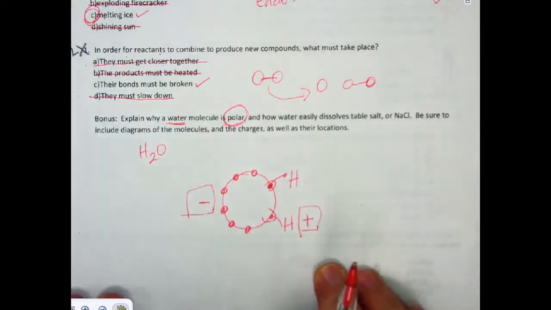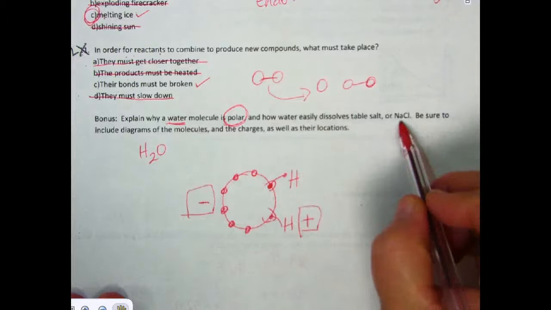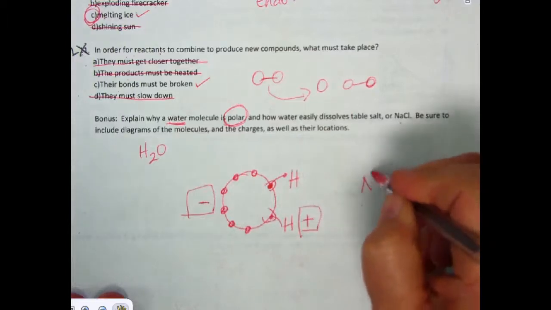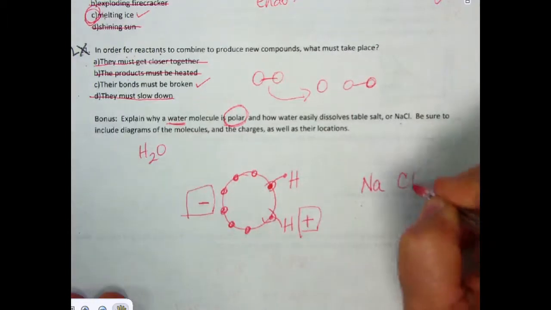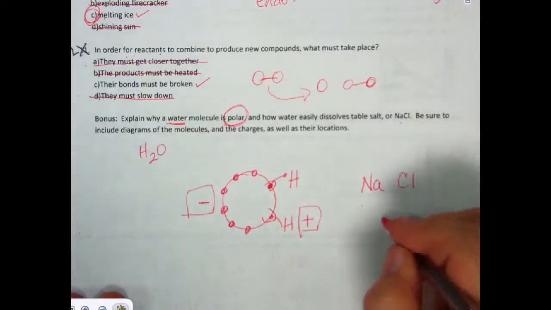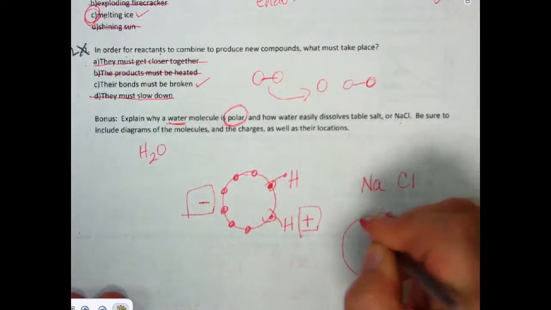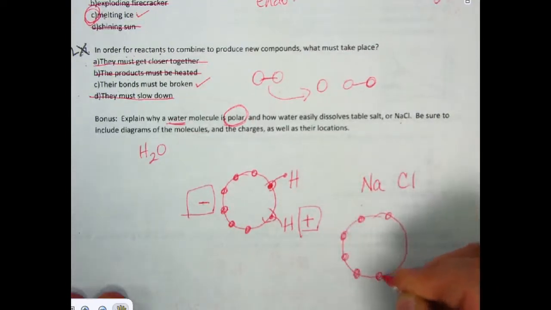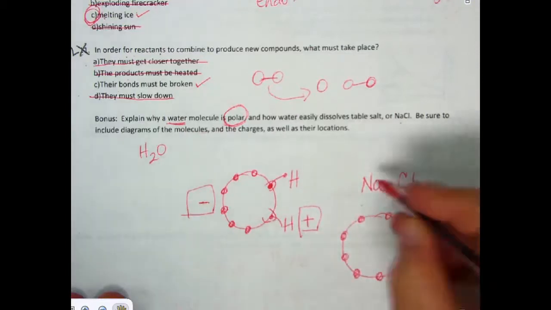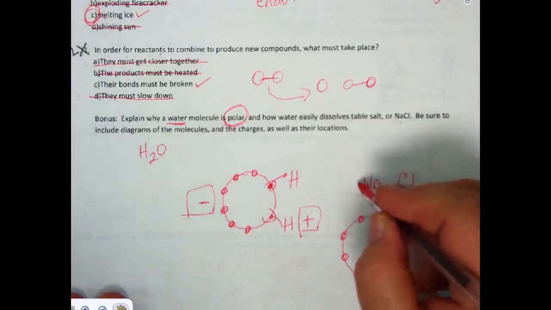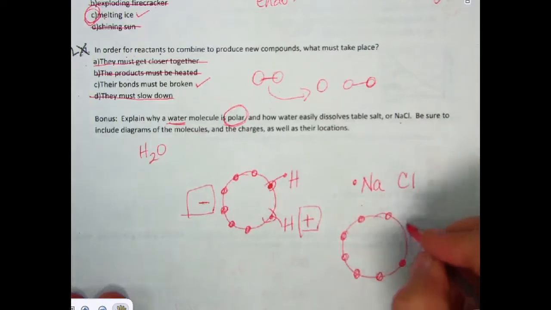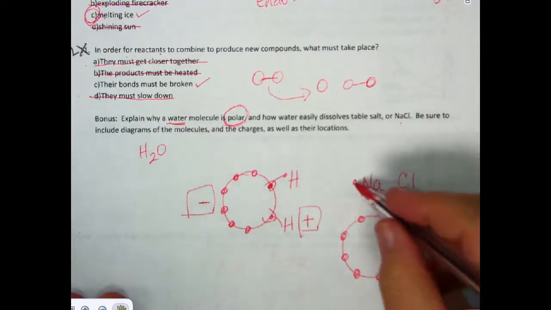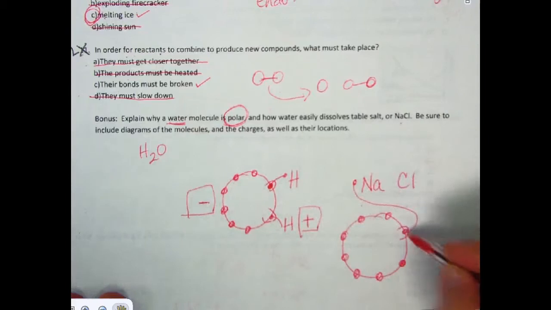Now, why does it dissolve table salt so easily? Well, if you look at sodium and chlorine, we get the same thing. Okay, so here's chlorine. Chlorine is in group 7A, so he's got 7 valence electrons. And sodium is in group 1A, so he's got 1. So chlorine's in the same situation as oxygen. Chlorine accepts 1 electron from sodium.